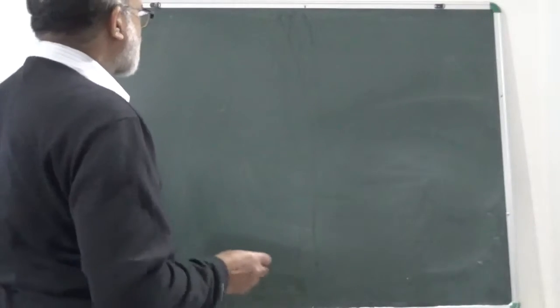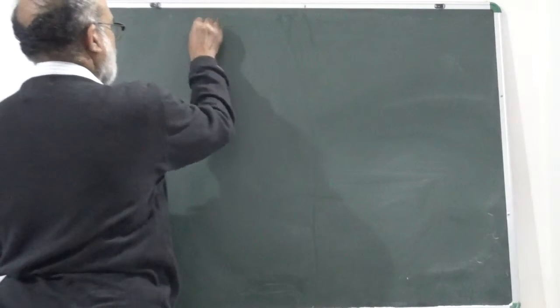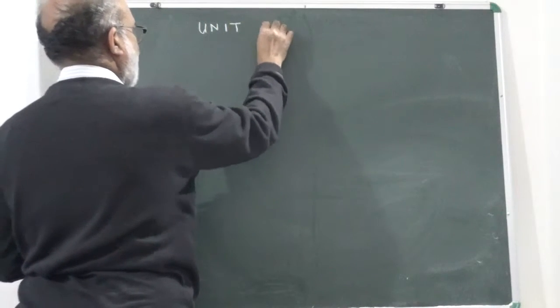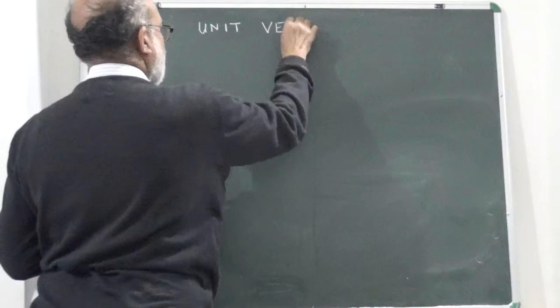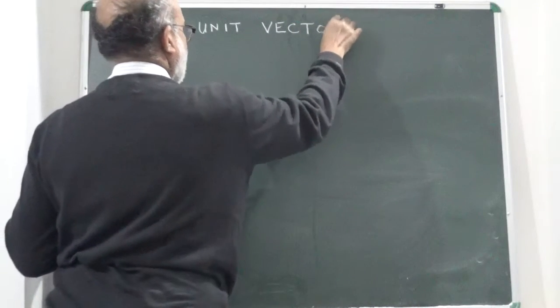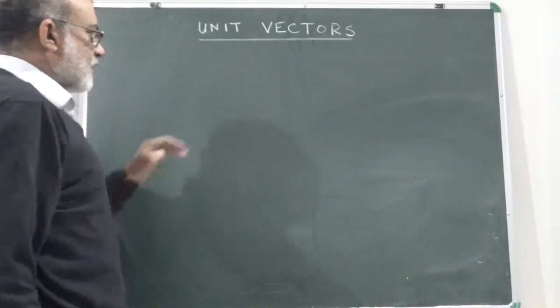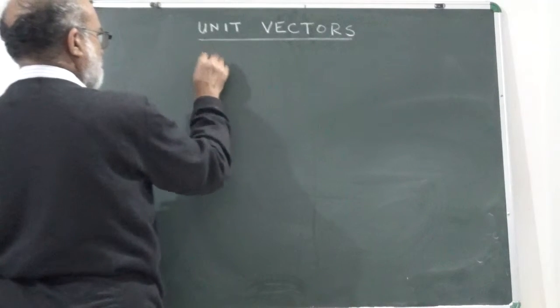So today we start with the unit vectors. Suppose in scalar numbers we have a scalar quantity, say mass.